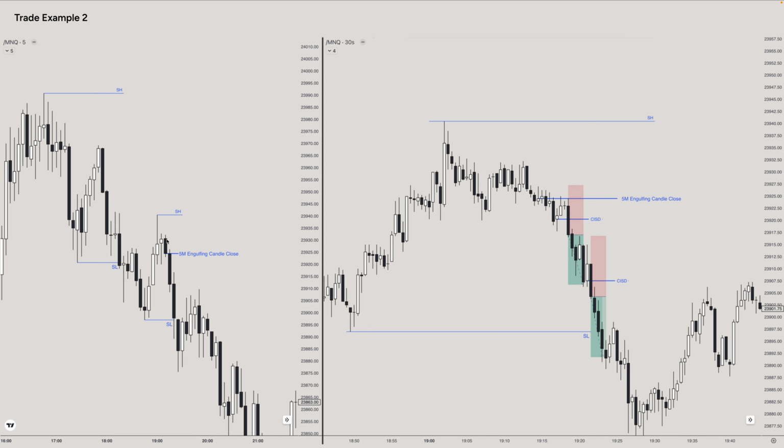So in this case, we wait for this 5-minute bearish engulfing candle to close. Again, bearish engulfing candle, I look at, does the body of this candle engulf the body of this previous candle? It clearly does. So for me, this is a bearish engulfing candle.